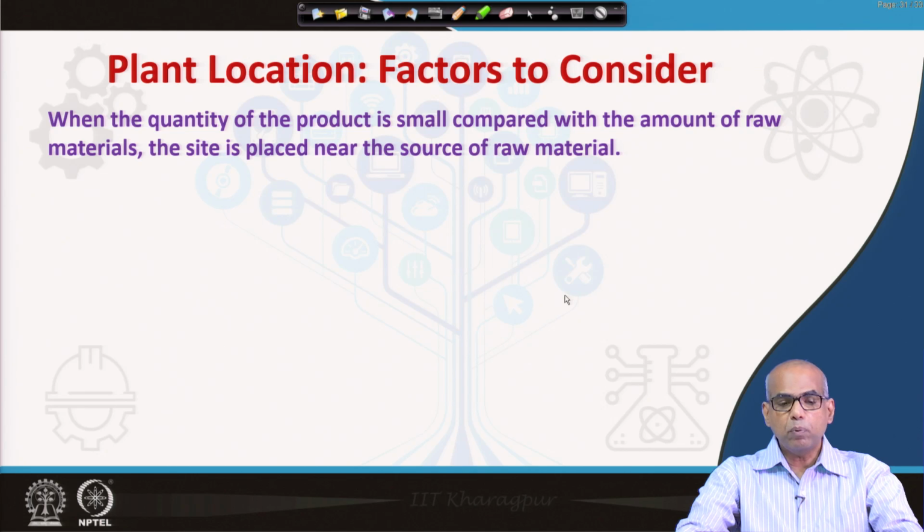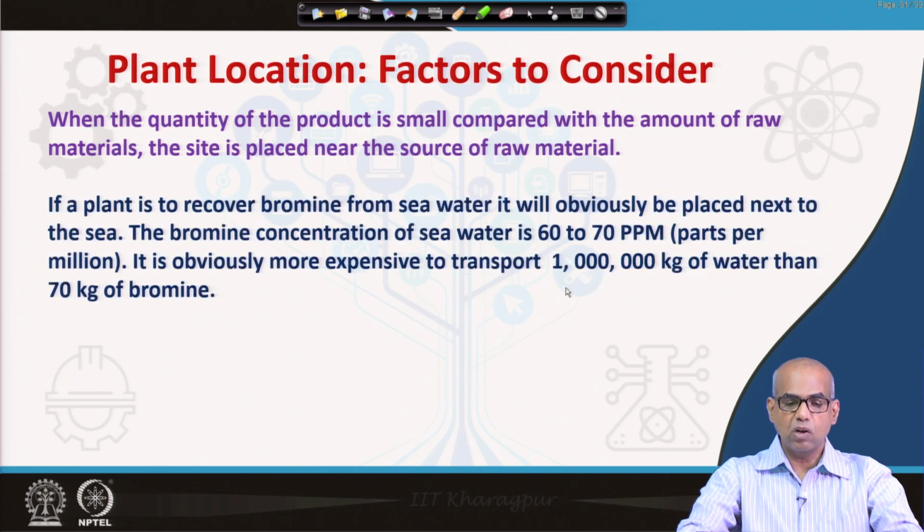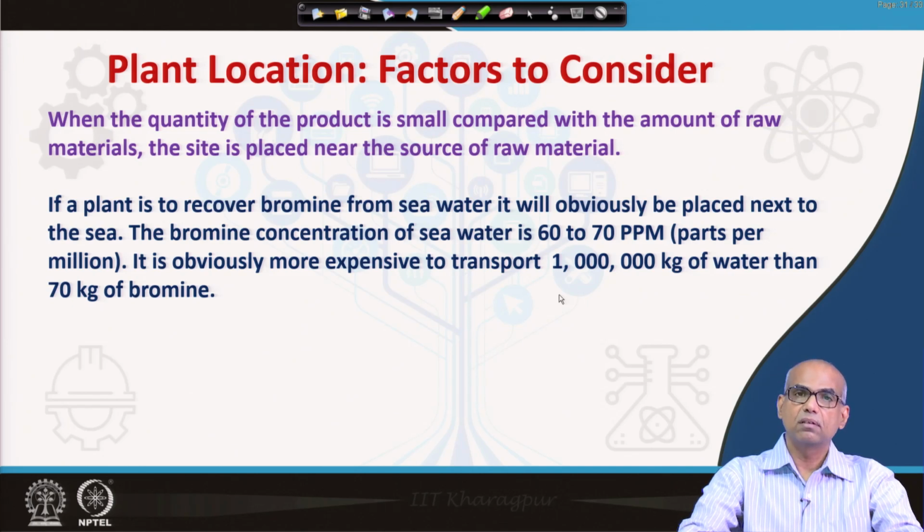When the quantity of the product is small compared with the amount of raw materials, the site is placed near the source of raw material. Consider the following. If a plant is to recover bromine from seawater, it will obviously be placed next to the sea. The bromine concentration of seawater is about 60 to 70 parts per million.